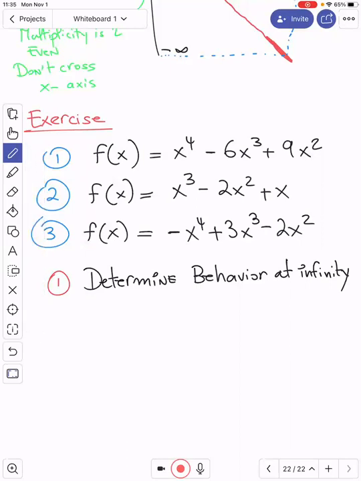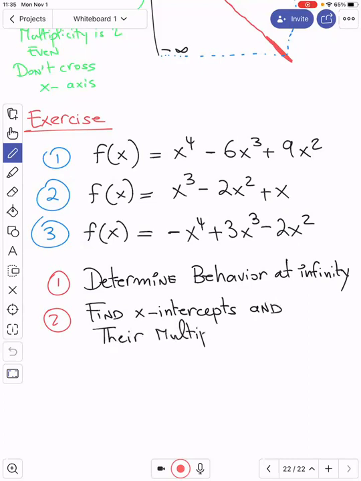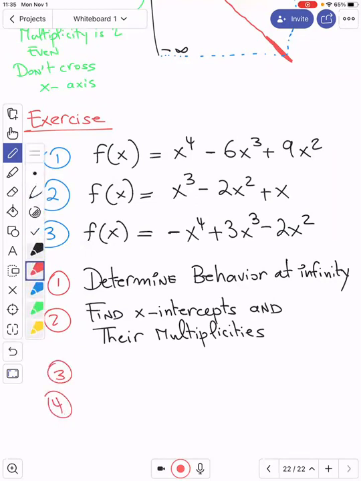Number 2, find the x-intercepts and their multiplicities. Number 3, find the y-intercept, and number 4, graph f.